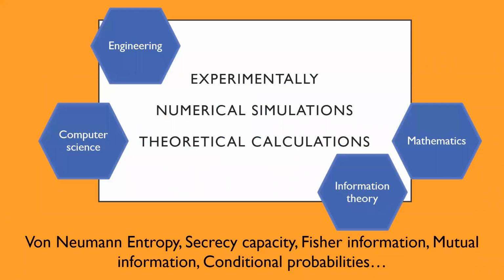This is proven to be secure, and all the protocols of quantum communication in general can be proven secure in many ways: either experimentally, which is usually the ending stage of testing a protocol, or with numerical simulations or theoretical calculations. In this way, you can see that even mathematics, information theory, computer science and engineering are very important.